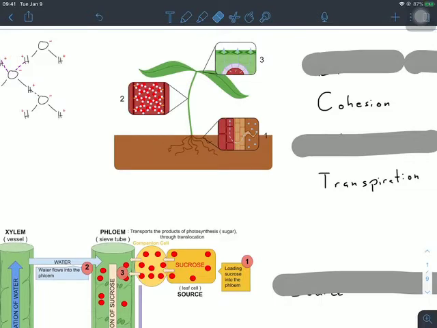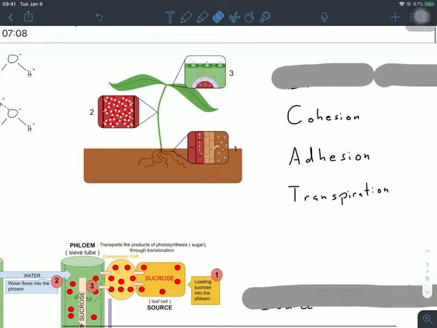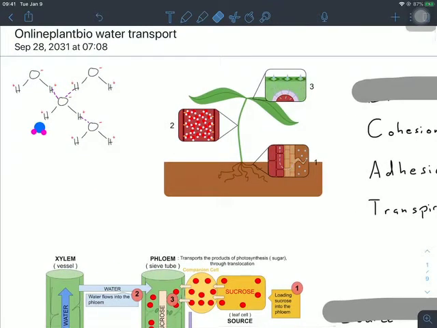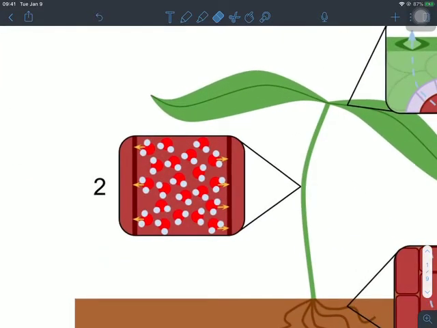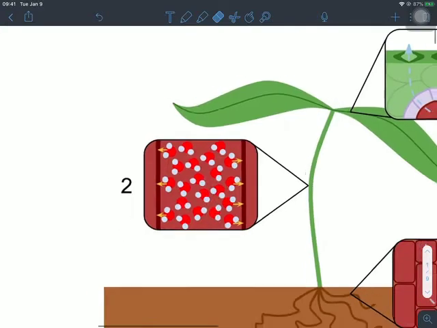The water itself also has adhesion to the cell walls of the xylem because they are charged in such a way as to interact with the hydrogens and the oxygens in water. They enable the water to bind to it, as illustrated here in step 2 of our diagram.